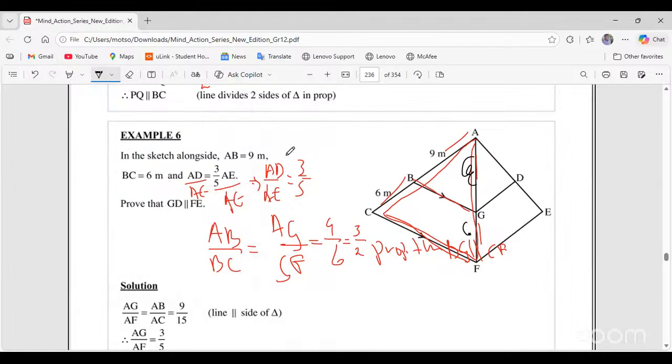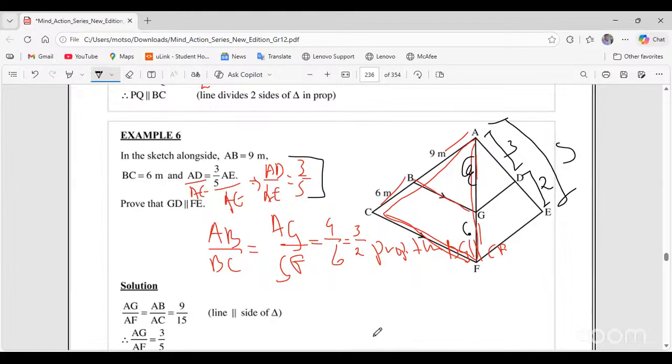And then I also have something here. Let's use this information. I have the ratio AD from here to here as 3. I have AE there as 5. Now, can I get this? I can. What is this? It's 5 minus 3, so this is going to be 2.